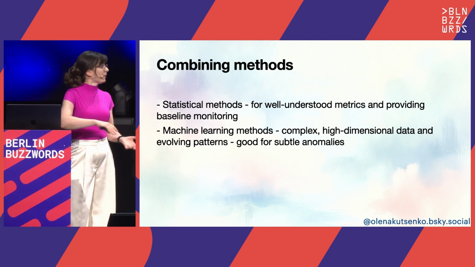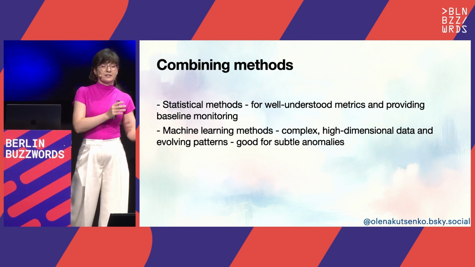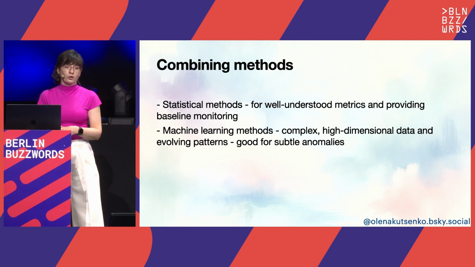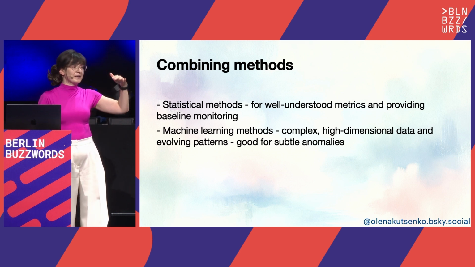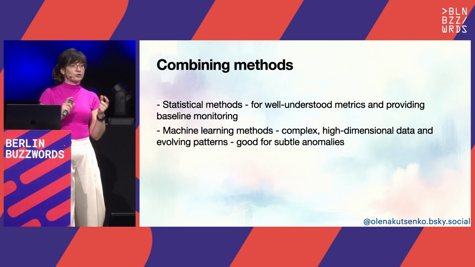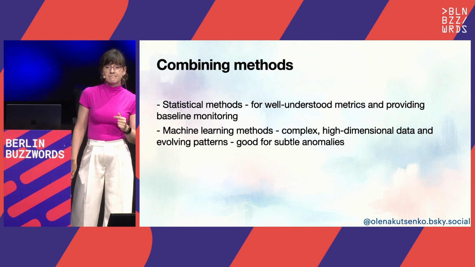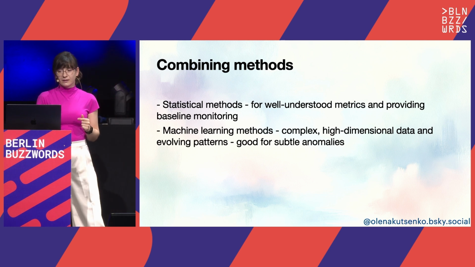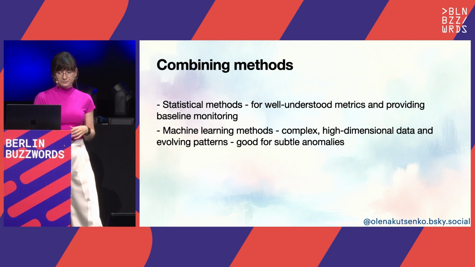If you have evolving patterns, you might still get those with statistical models, but in case you cannot, you can apply machine learning. You can also combine them: first apply statistical for the baseline, and then for those nuanced issues where you are not certain, go for machine learning, because machine learning will always be more expensive in calculations and training the model.